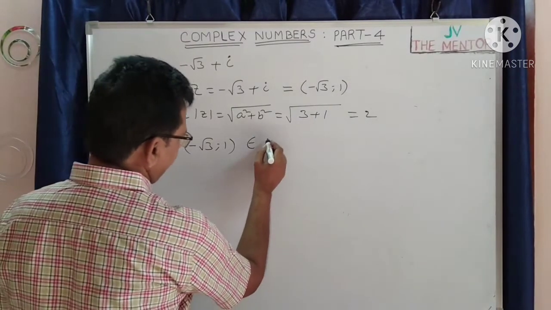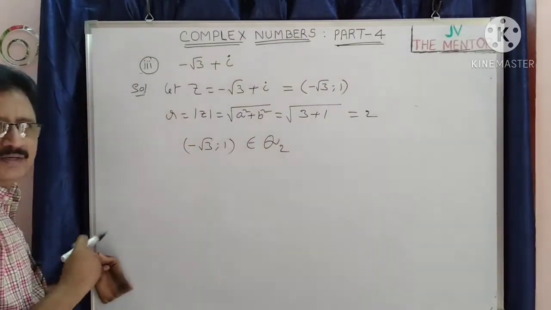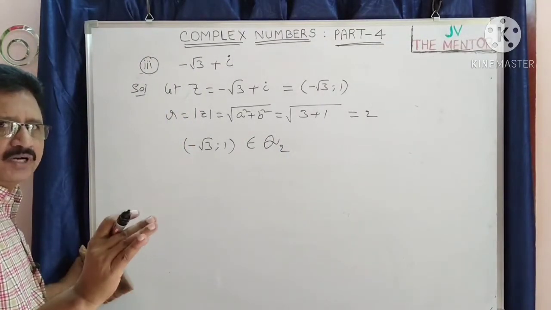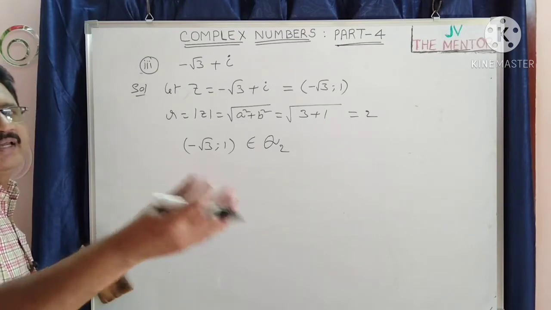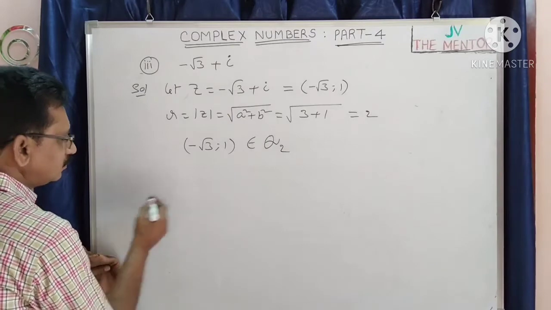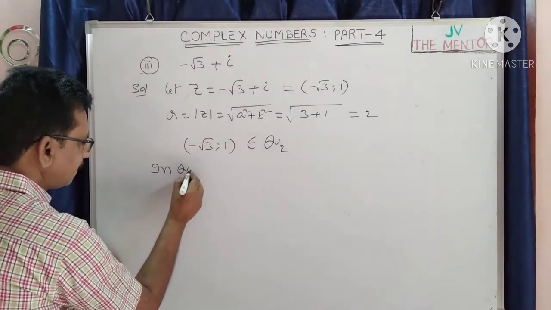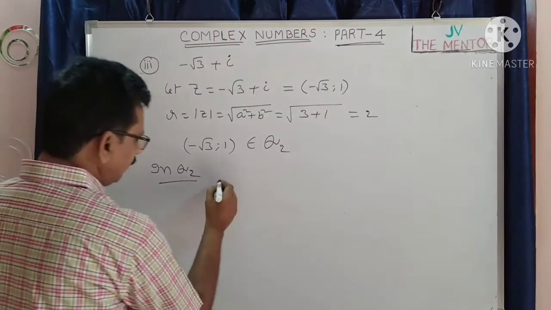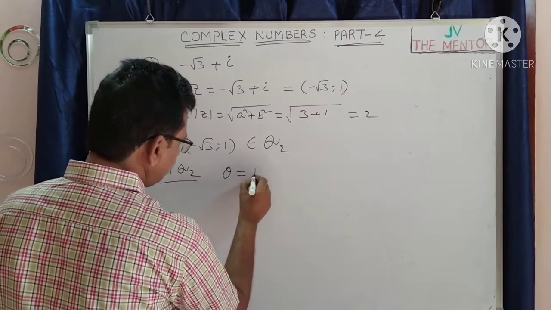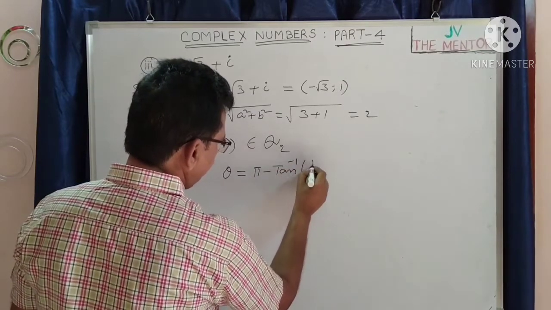So this belongs to the second quadrant, Q2. In Q2, in the second quadrant, theta is pi minus tan inverse b by a. Here in Q2, theta equal to pi minus tan inverse b by a.